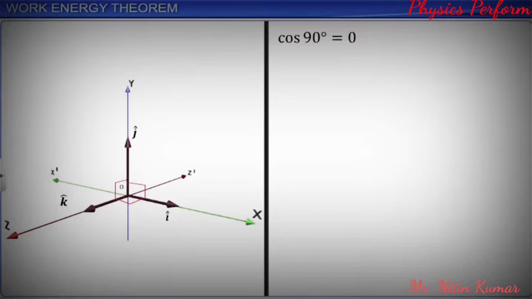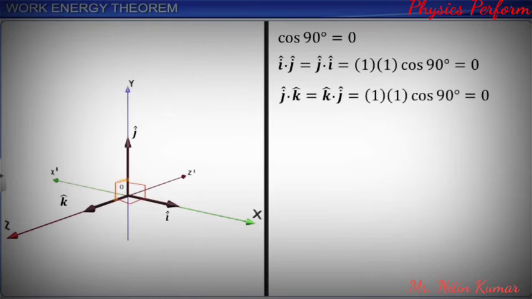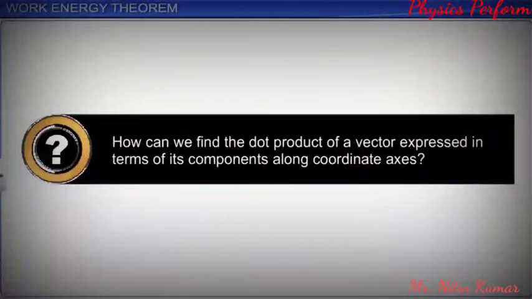So, I dot J is equal to 0. J dot K is equal to 0. And K dot I is equal to 0. How can we find the dot product of a vector expressed in terms of its components along coordinate axes?